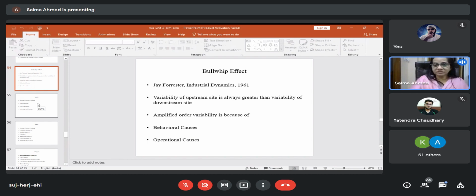So this is the phenomenon wherein any disruption which exists in the supply chain spreads. We had in that game, which was taken up by my scholar Sundars, the retailer, the wholesaler, the stockist, and finally the manufacturer.